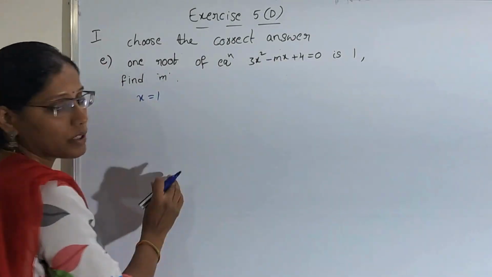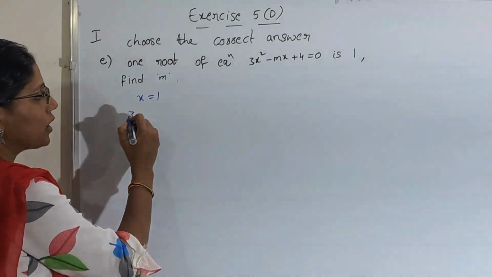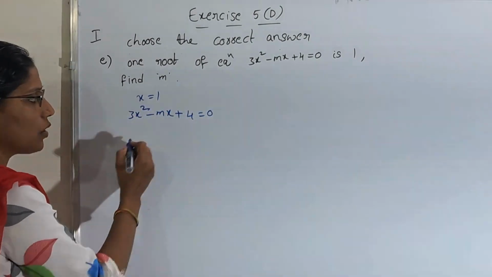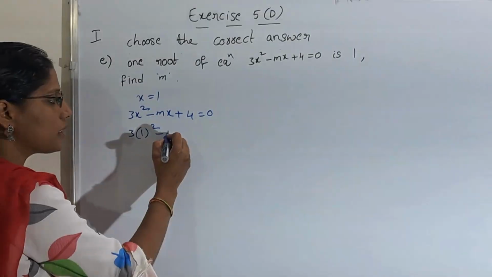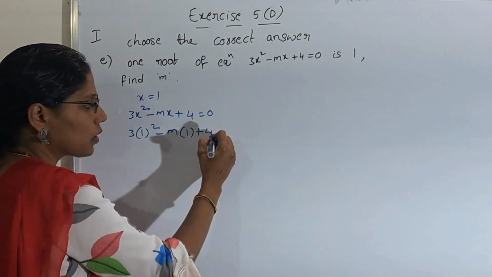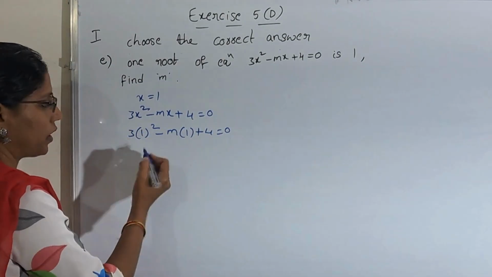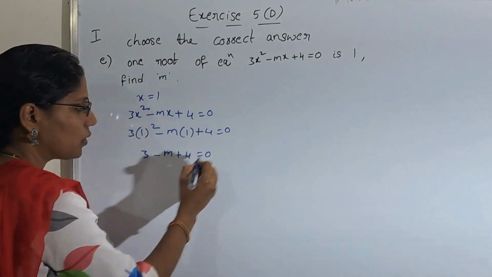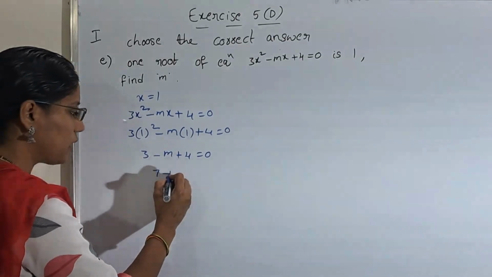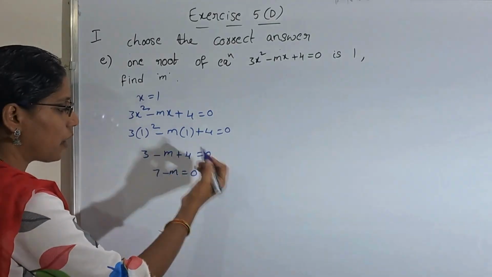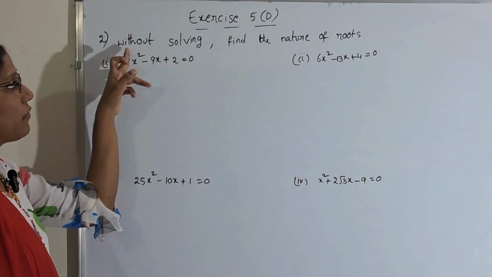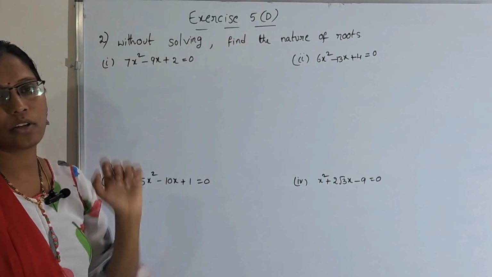Here x value we have to substitute. 3x square minus mx plus 4 equal to 0. x value is 1. 3 of 1 square minus m of 1 plus 4 equal to 0. 3 into 1 square, 3, minus m into 1, m, plus 4 equal to 0. 3 plus 4, 7, minus m is equal to 0. m we have to shift to the right side. m is equal to 7. This is the m value.